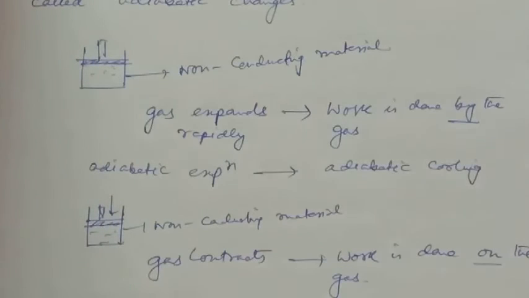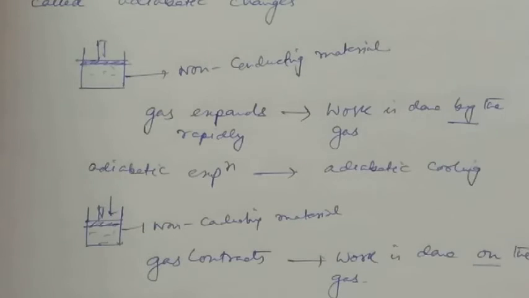Now as the gas is compressed very fast, the heat evolved will not be transmitted to the surroundings through the non-conducting cylinder, and the gas will remain hot. Heat is generated because there will be a decrease in volume, so the temperature of the gas will increase.